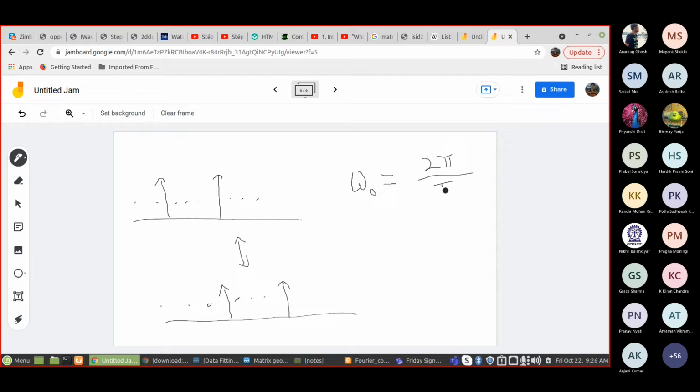Okay, so you can notice one thing in here. If we try to compress this, so if T is small, then omega naught is going to increase. So if you try to compress them in one domain, they are going to expand out in the frequency domain.